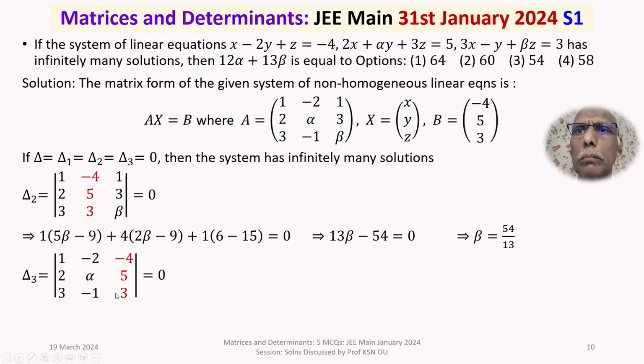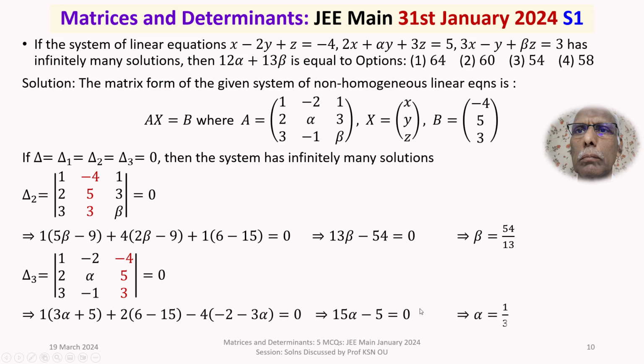So expand by means of the first row. Simplify. You will get alpha is equal to 1 by 3. So for these values of alpha and beta, this given system of equations admits infinitely many solutions. Alpha value you know, beta value you know.